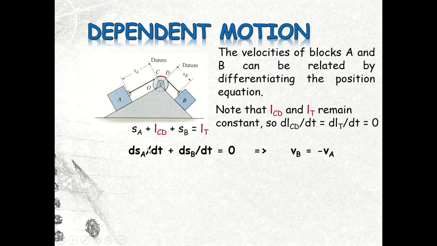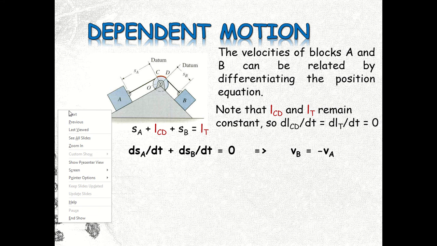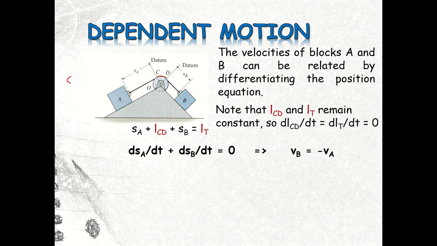So remember, when you have s as a function of time and you take the derivative of s with respect to time, ds/dt becomes f prime of t.